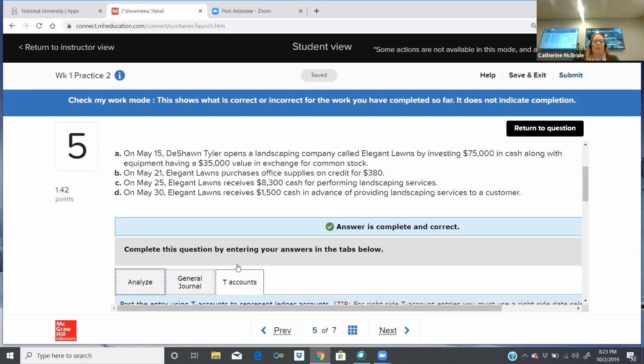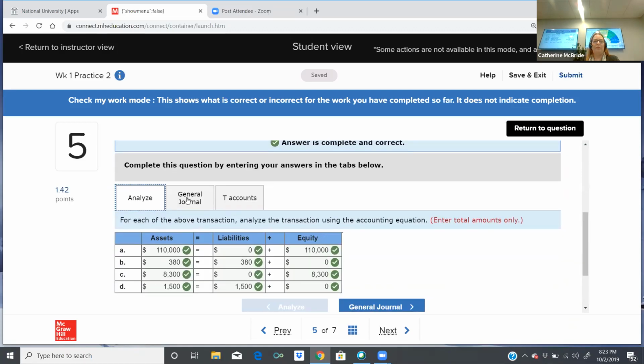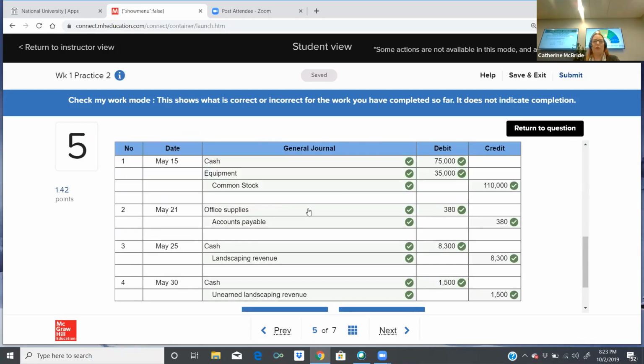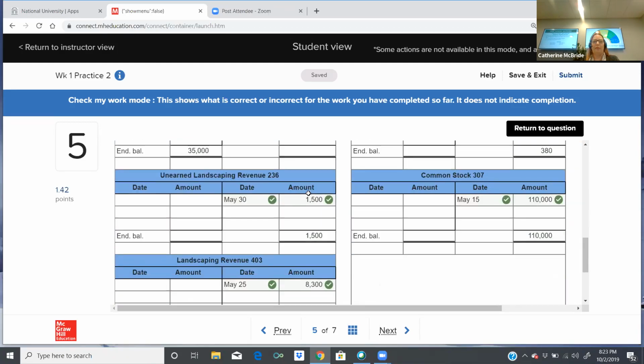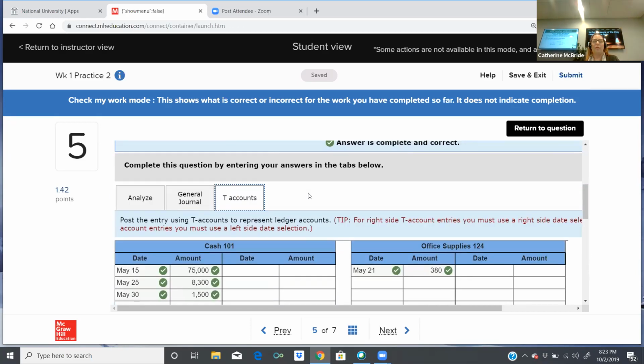And there we go. Our analysis is correct, our journal entries are correct, and our T accounts are correct. Okay, so that is how you do journal entries.